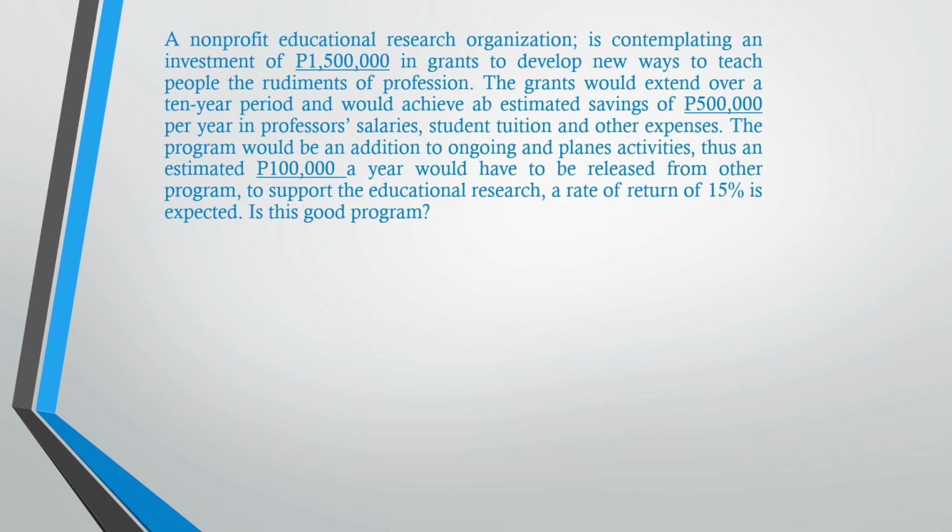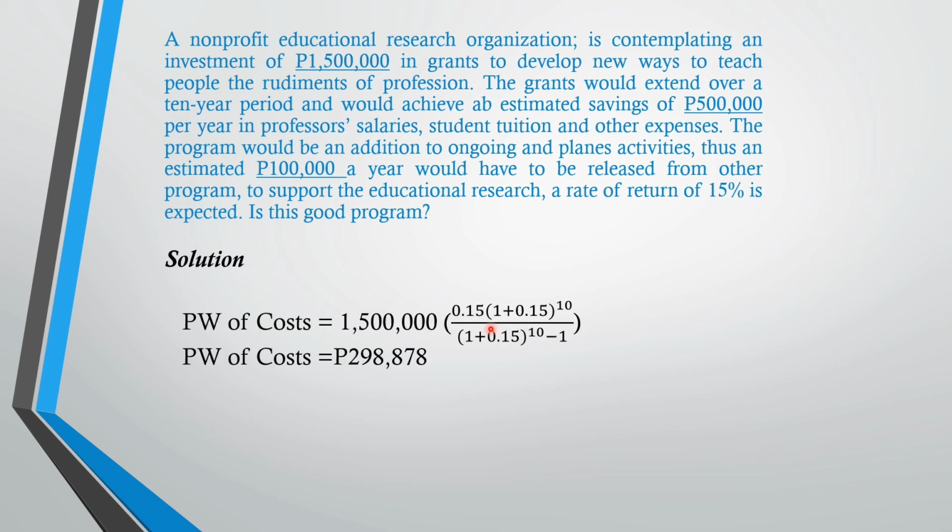Next example. In this example, we need to determine if the project is good for the people. In the solution, PW cost or present worth of cost is equal to 1,500,000, and using this equation we have the result of 298,878.